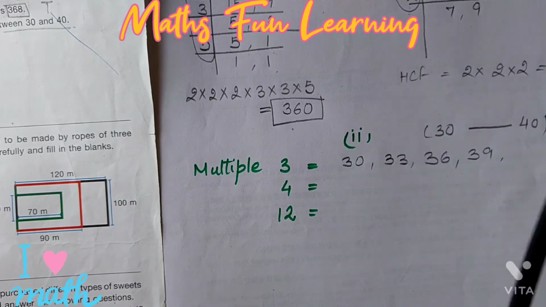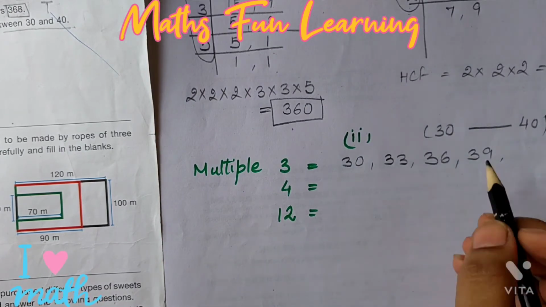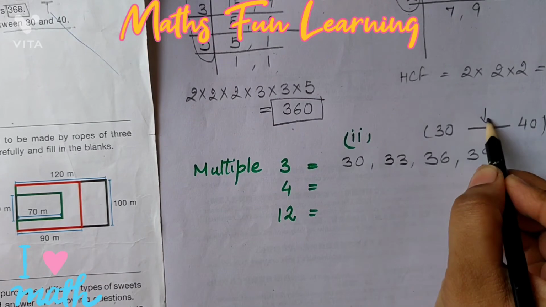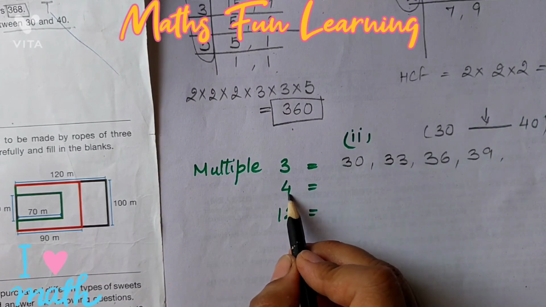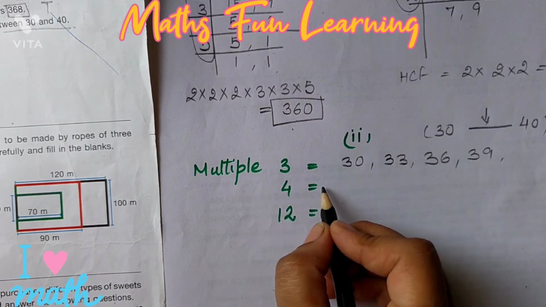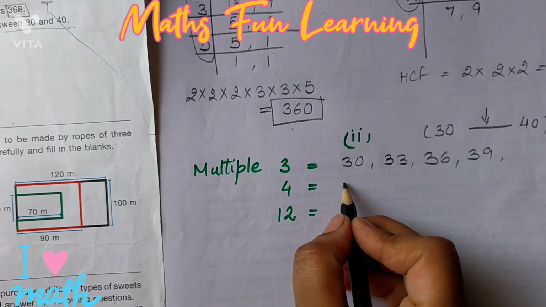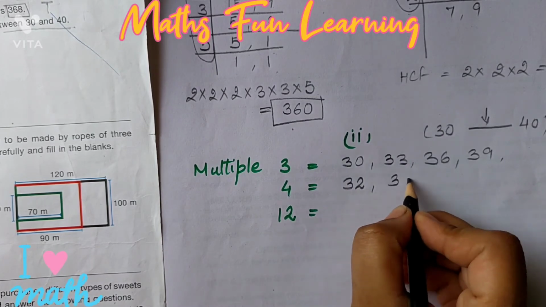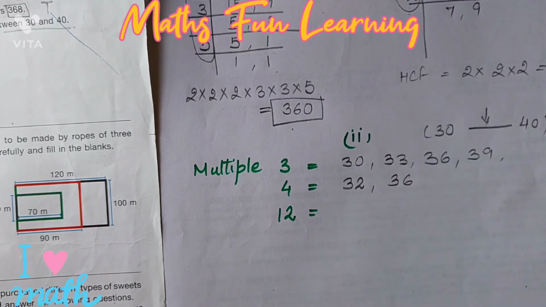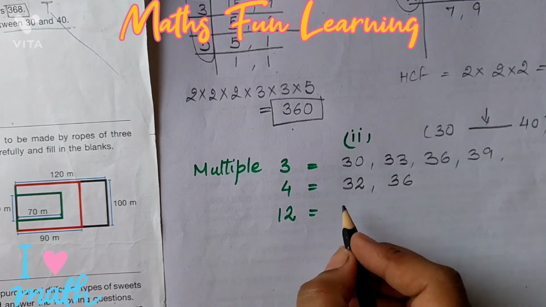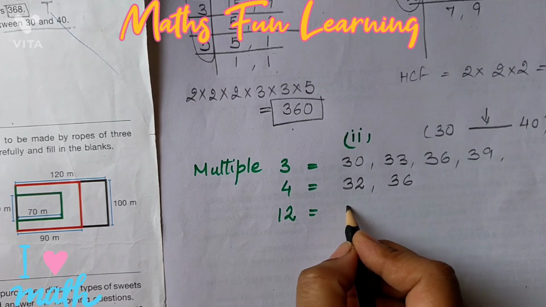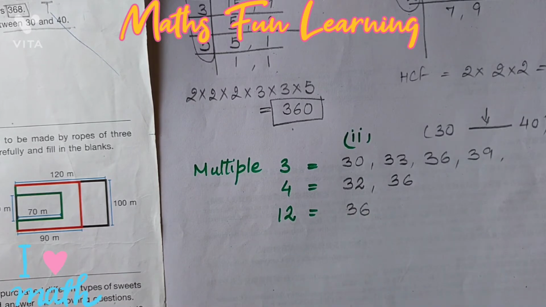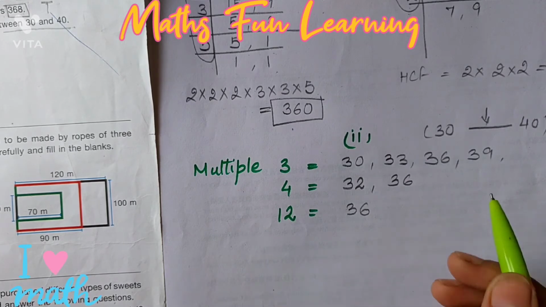So it is more than 40, so we cannot write it here because we have to write in-between numbers. Now for 4, 4 times 8 is 32, 4 times 9 is 36, 4 times 10 is 40. We are not including that 40. In the table of 12, 12 times 3 is 36, and 12 times 4 is 48. Again it is more than 40, so we cannot write it down.